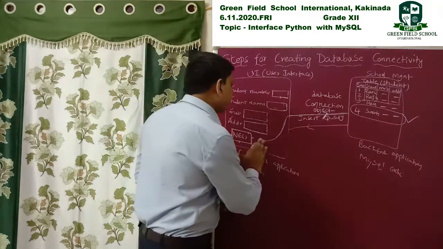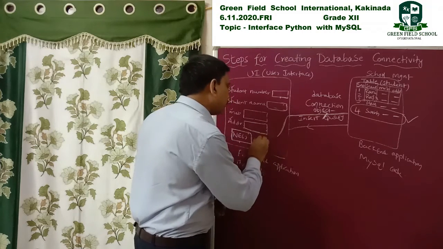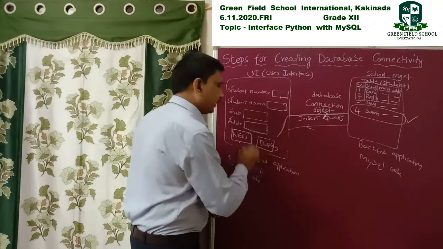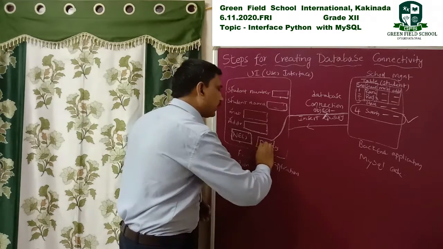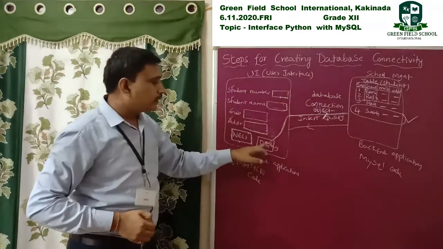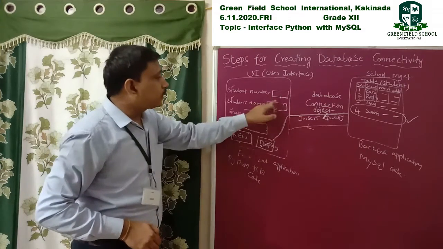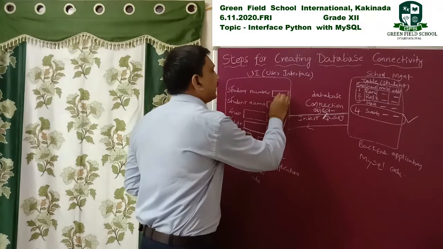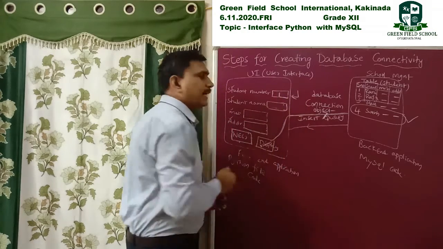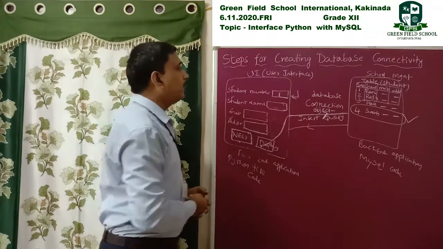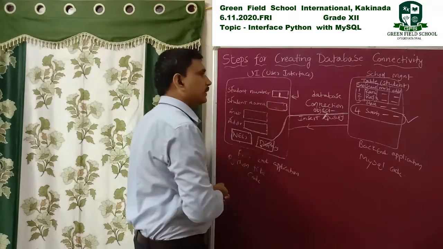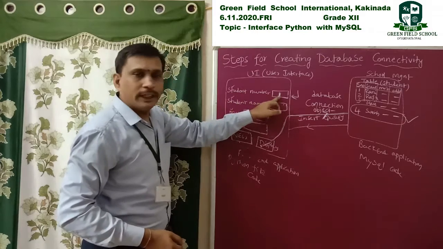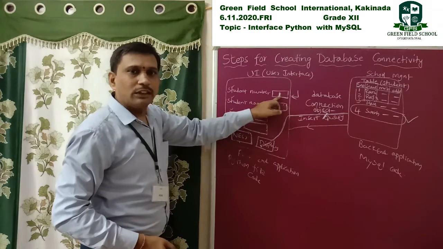So I place one more button, display. When I am clicking this display button, here I enter student number 1 and press enter. Immediately the remaining details are displayed.